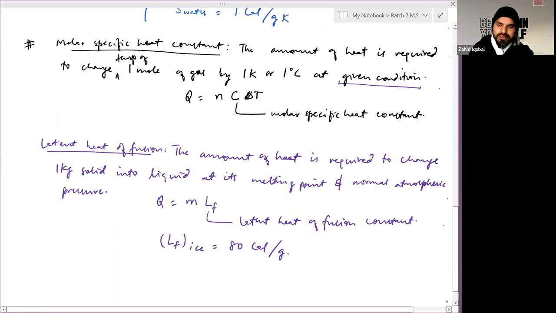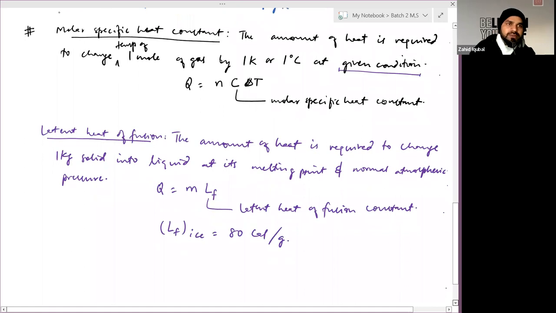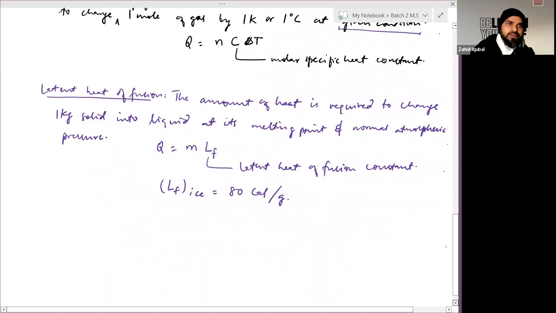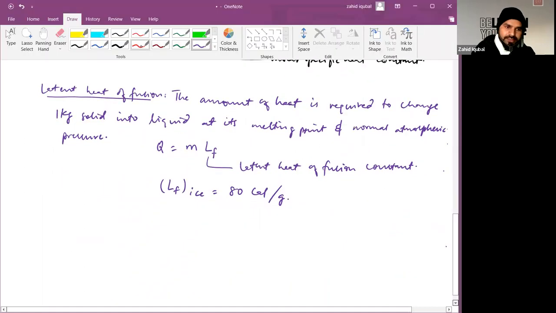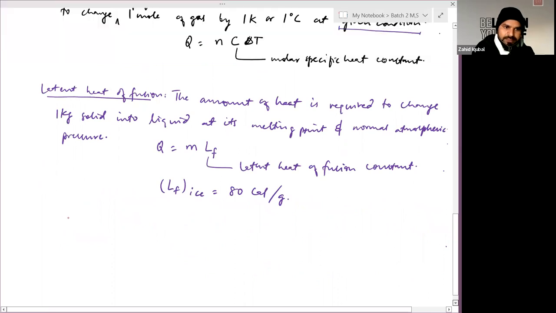Similarly, we may define conversion of liquid into vapor, which is called latent heat of vaporization. So next is latent heat of vaporization.